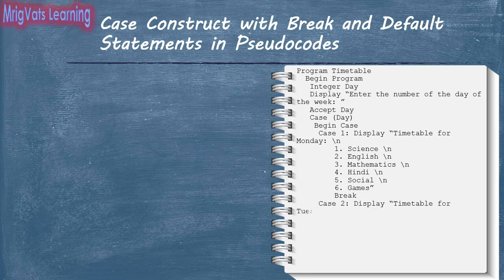Case 2, display, timetable for Tuesday, \n, 1, English, \n, 2 mathematics \n, 3 Hindi \n, 4 social \n, 5 games \n, 6 science.